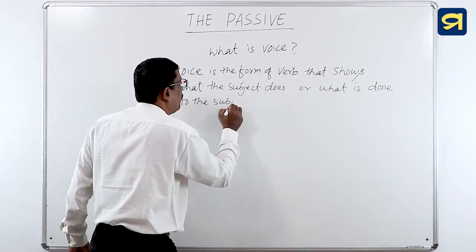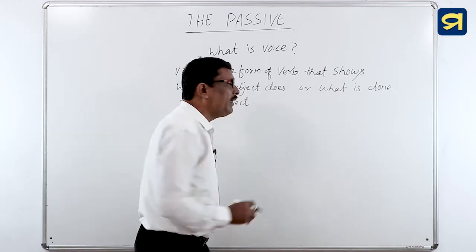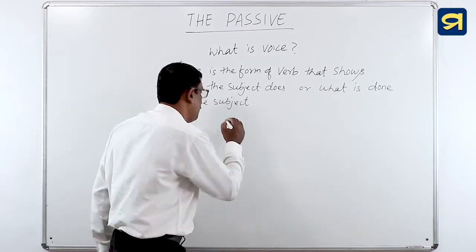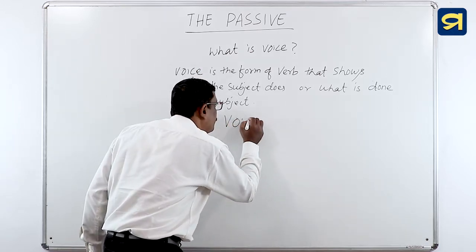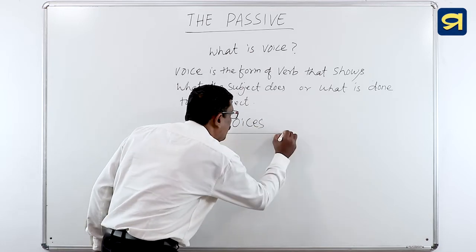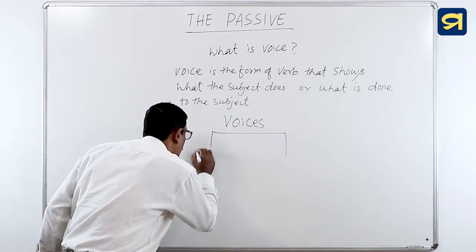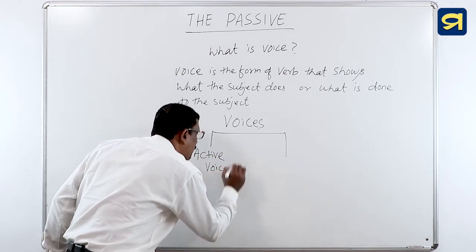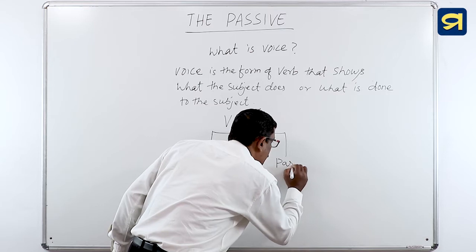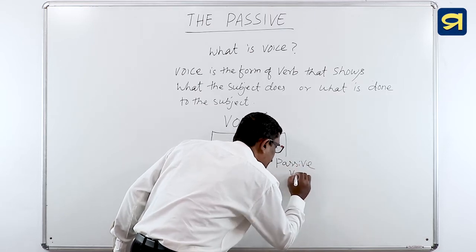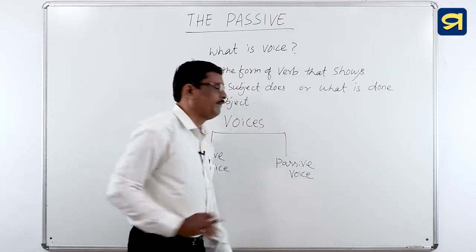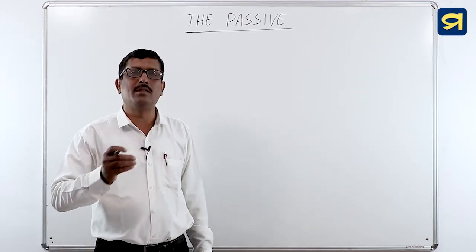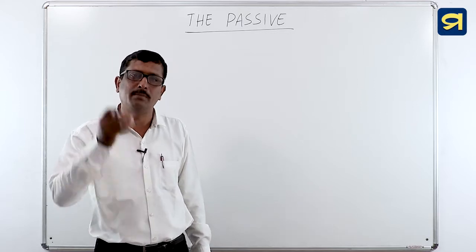From the definition, it is clear that voices are of two kinds. One is active voice and the second one is passive voice. Now we are going to discuss active voice and passive voice with examples.